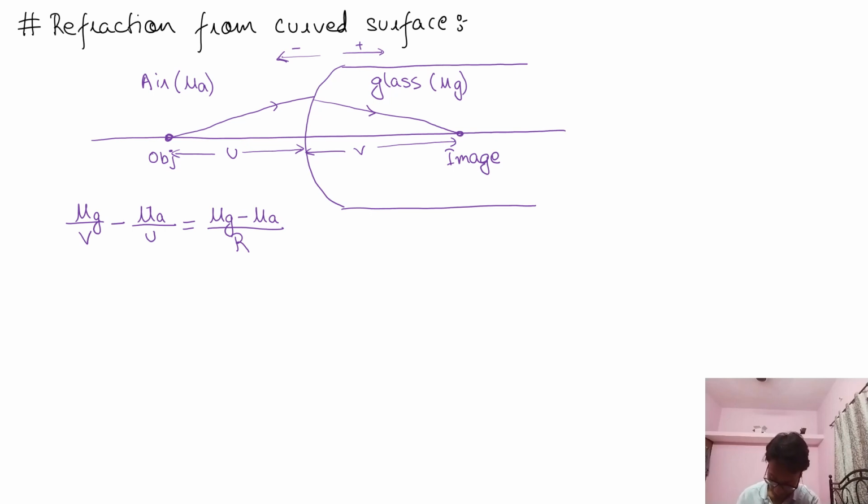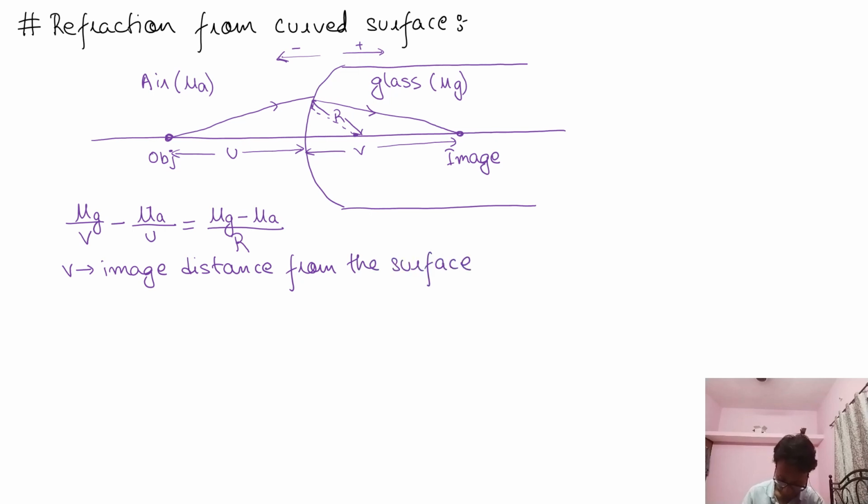The radius of curvature is the radius of this surface, where r is the radius of curvature, where out here v is equal to image distance from the surface. U is equal to object distance from the surface.